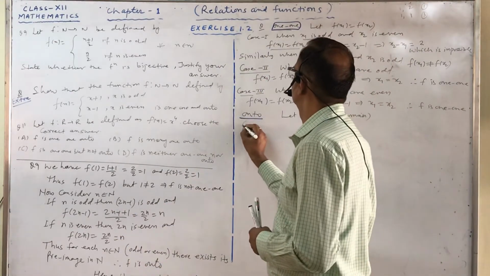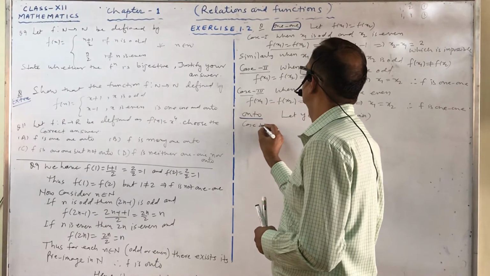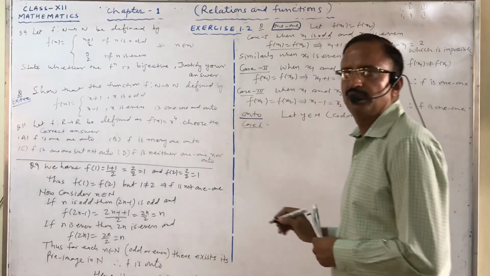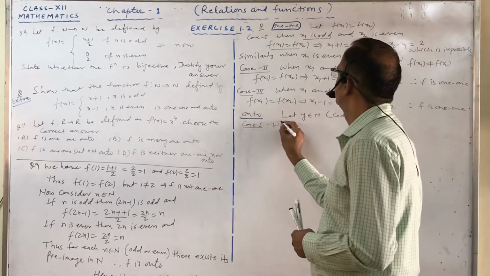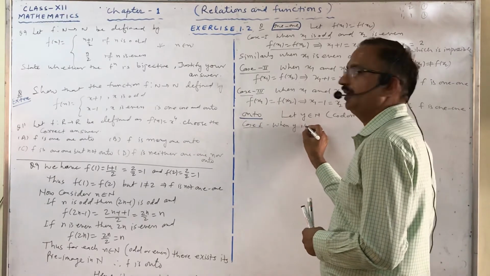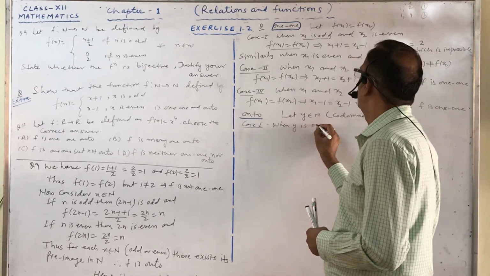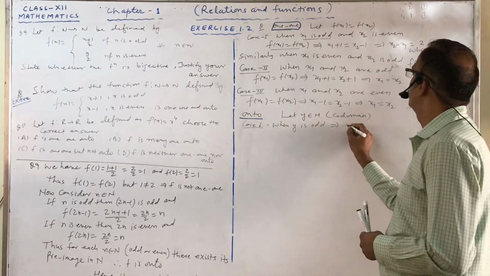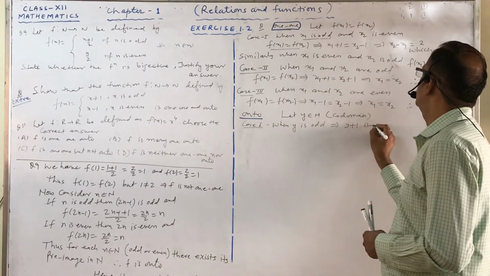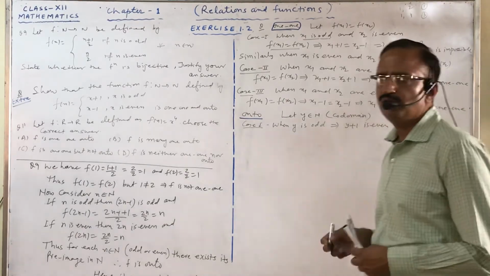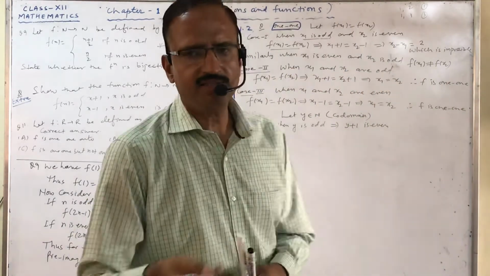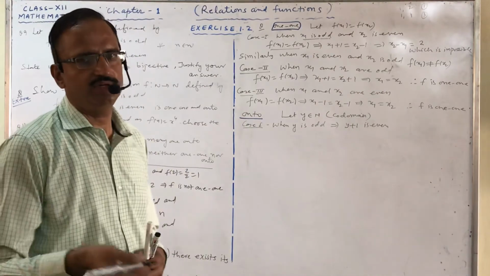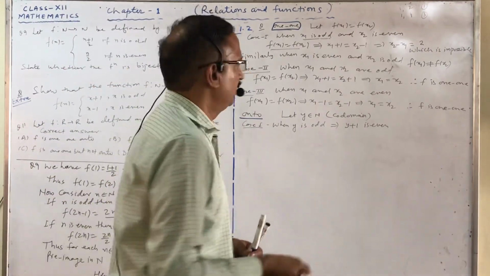Case first, when y is odd, then this implies that y plus 1 is even. If y is odd, obviously the next element is even. The conjugated number is even.